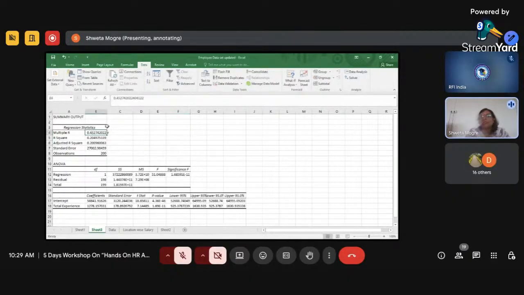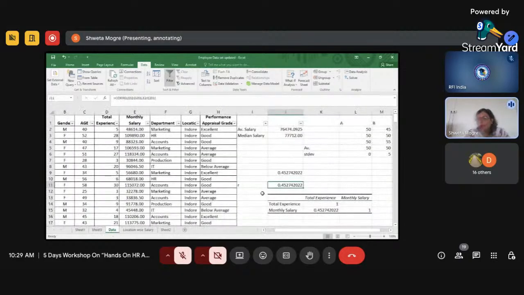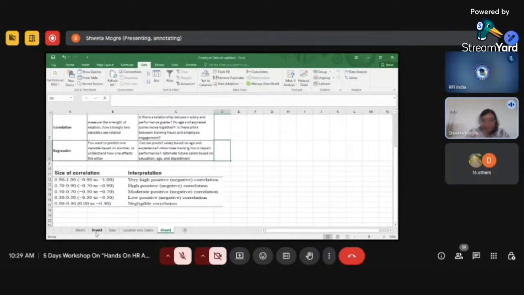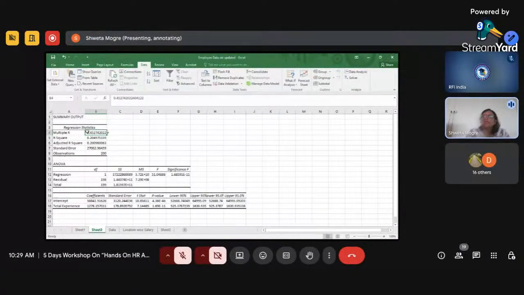So please observe that you receive the same value, 0.4527, same value which you have calculated twice, 0.4527 over here. Okay, so this is the same value. Means there is a very low kind of relationship between salary and experience.